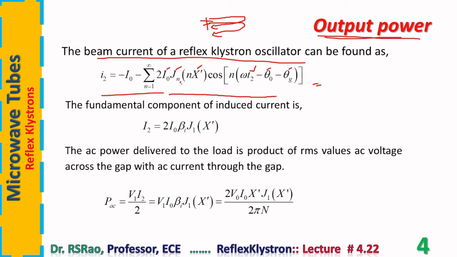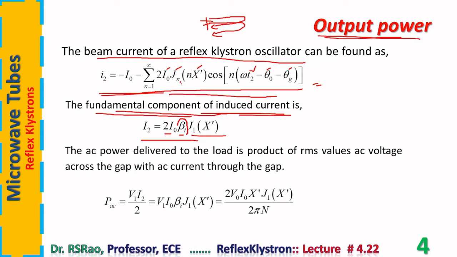It has several components. The fundamental component of induced current. This is the current that is crossing the gap. Current crossing results in induction of certain currents over the cavity walls. The fundamental component of the induced current is indicated by I2 equal to 2I0 beta I J1 x prime.